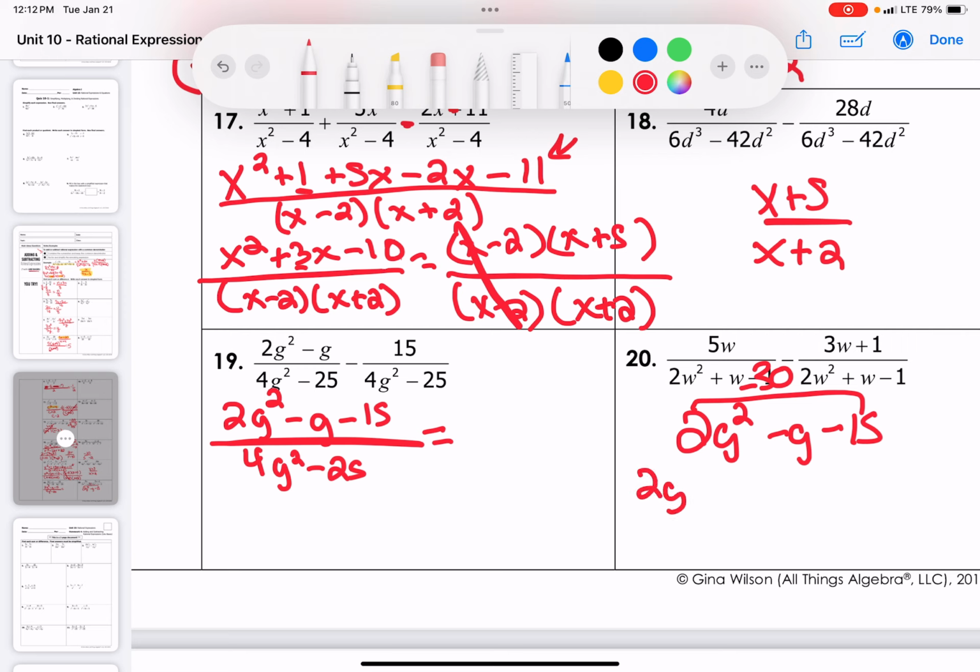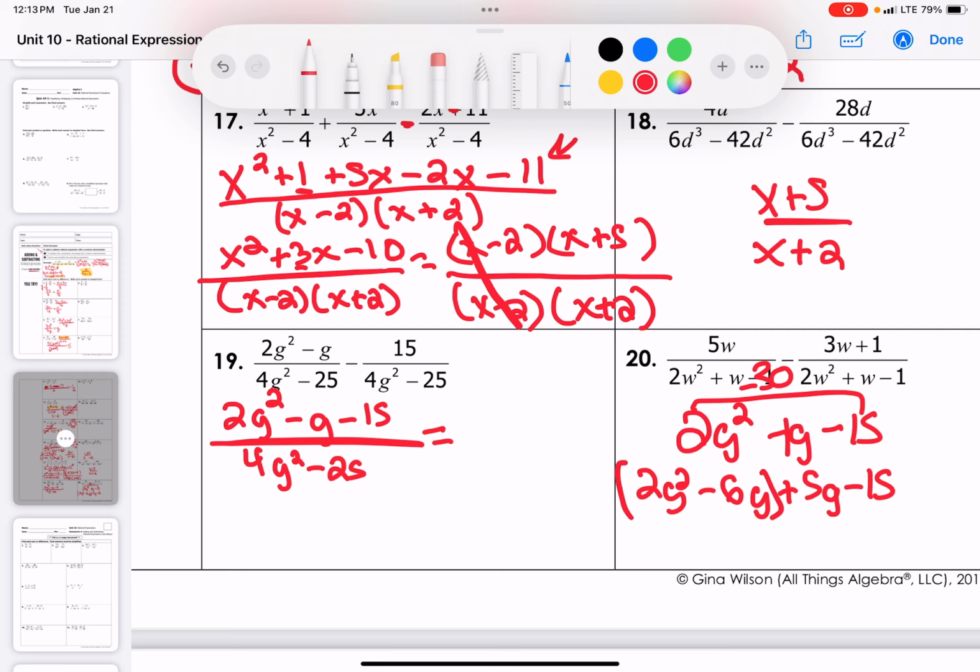Looks like it's going to be 6 and 5. So it's got to get to a negative 1g. So it's going to be a minus 6g plus 5g minus 15.